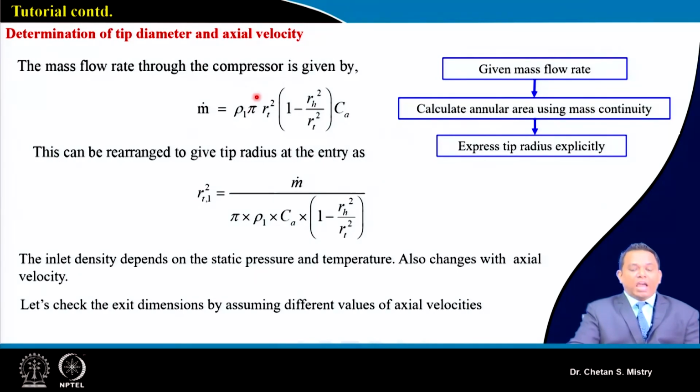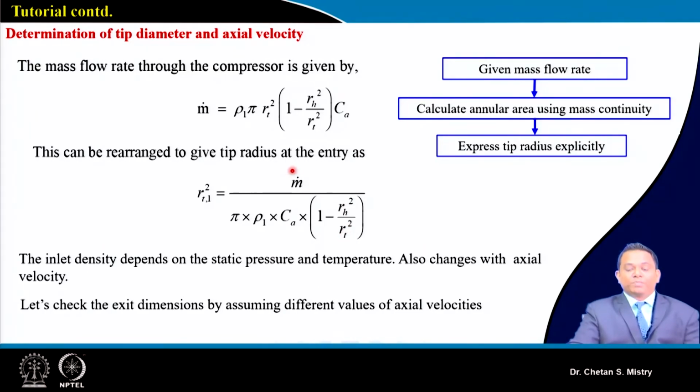Now I am representing this in terms of my tip diameter or tip radius. This is my entry tip radius. So it is a function of mass flow rate, of my density, of my axial velocity, and of my radius ratio.